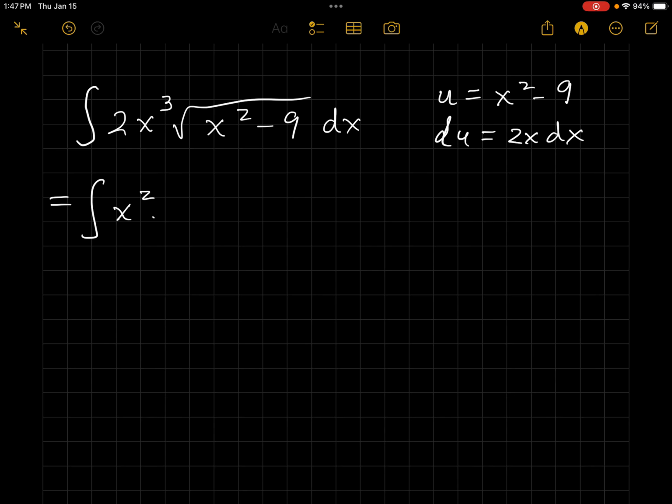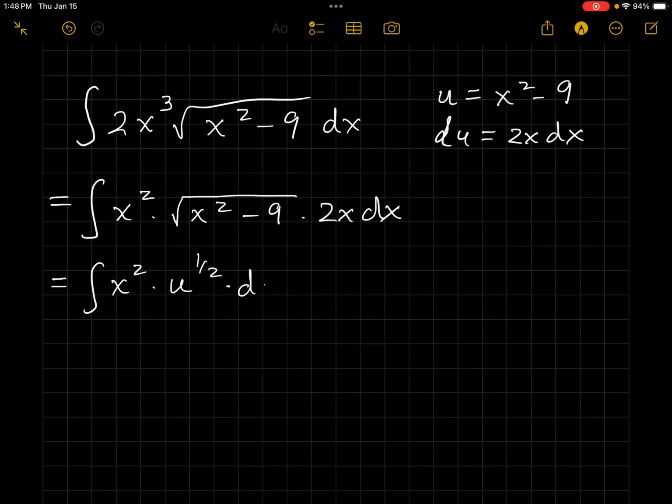I'll just kind of reorganize things. It's certainly a true statement. x squared times the square root times the 2x. And then if I substitute in my u's, I get x squared times u to the 1/2 times du.